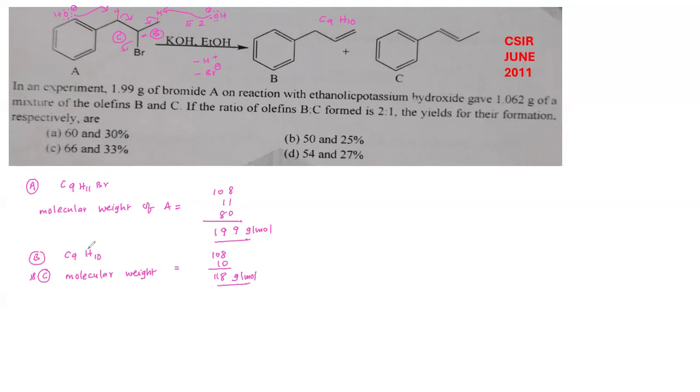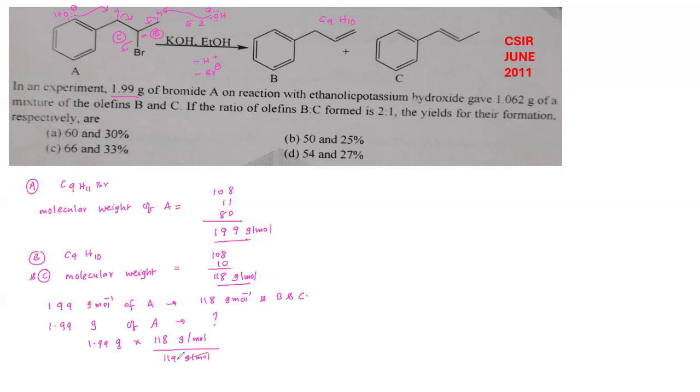Now as per this stoichiometric equation, 199 gram per mole of A gives rise to 118 gram per mole of B and C. And we have started here with 1.99 grams of A. So 1.99 gram of A gives rise to how much? 1.99 gram into 118 gram per mole, all divided by 199 gram per mole.